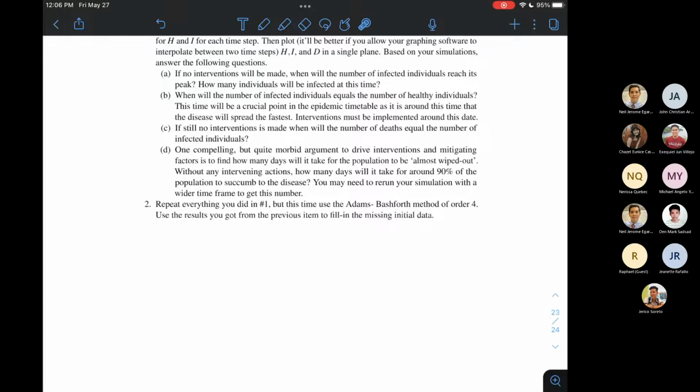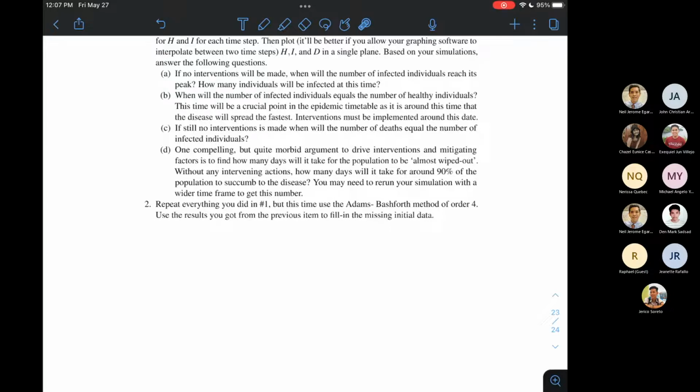So that is my intuitive guess for where the transmission is at its optimal level. So kaya tingnan natin kailan nag-equal yung healthy individuals saka yung number of infected individuals. And in some epidemiological models, ito yung crucial timeline kung kailan magkakaroon ng peak yung transmission, so kailangan mag-introduce tayo ng intervening actions.